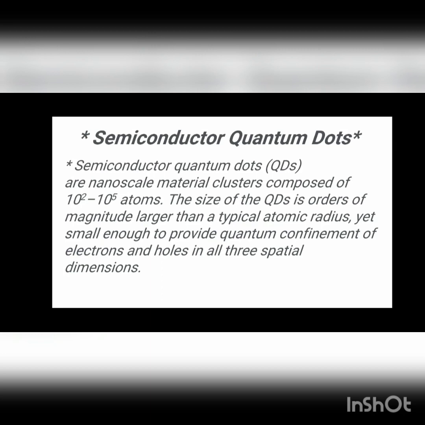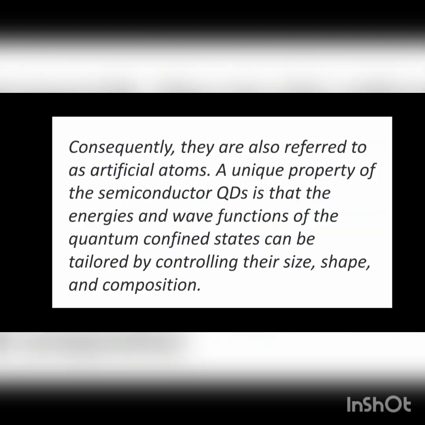Semiconductor quantum dots are nanoscale material clusters of compounds of nearly 10^2 to 10^5 atoms. The size of quantum dots is orders of magnitude larger than a typical atomic radius. Consequently, they are also referred to as artificial atoms.